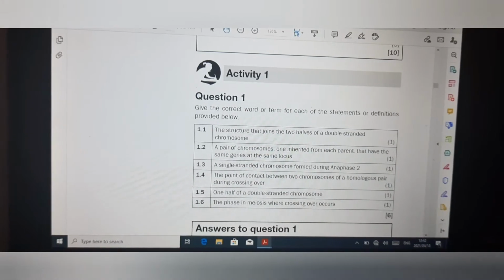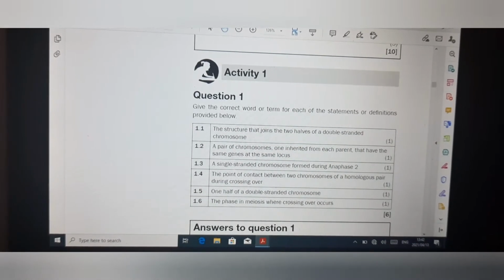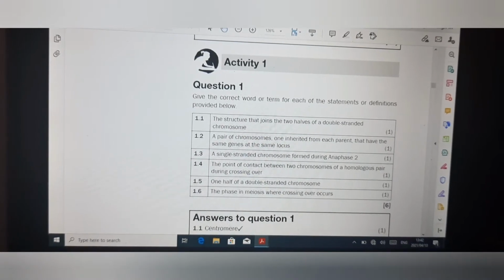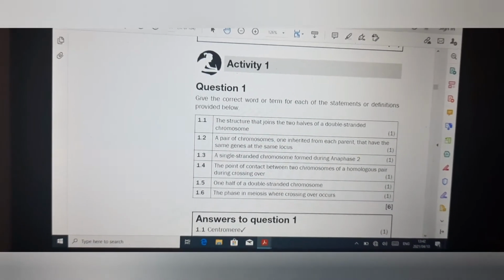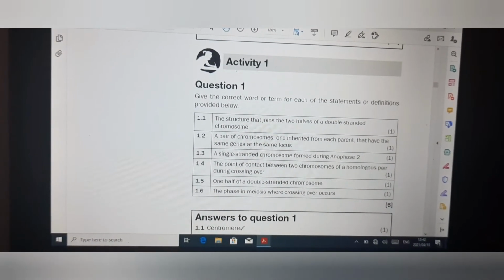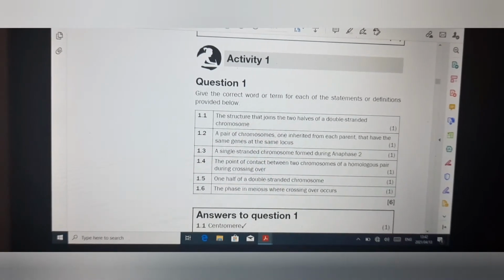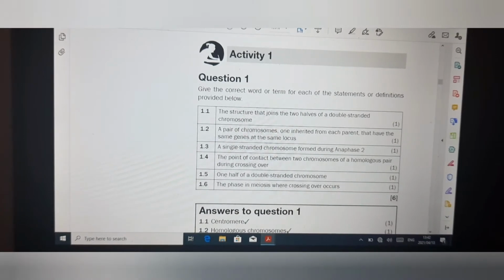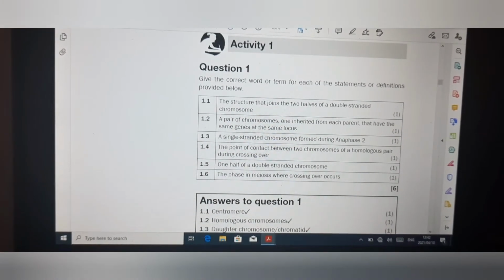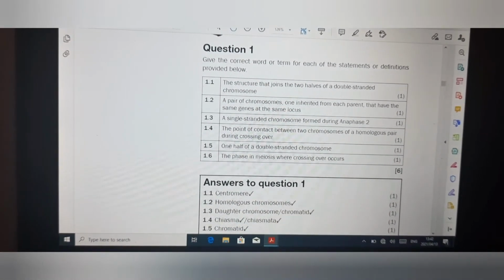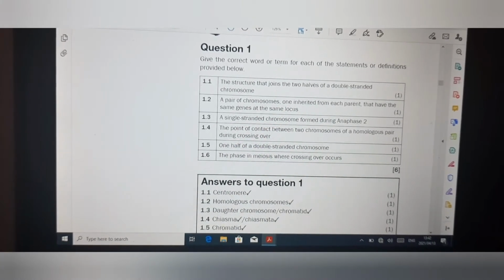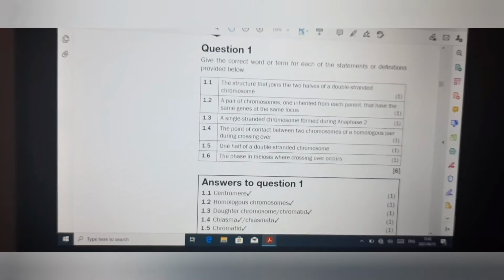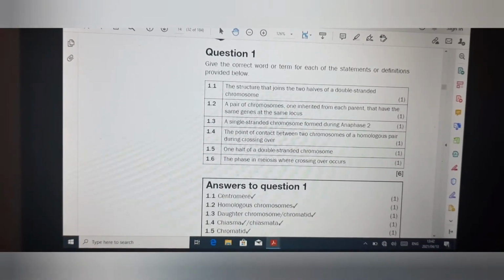The structure that joins the 2 halves of a double-stranded chromosome, that is a centromere. A pair of chromosomes, one inherited from each parent, that have the same genes at the same locus, that's homologous chromosomes. A single-stranded chromosome formed during anaphase 2, that's a daughter chromosome, or the chromatids. I prefer using the chromatids.